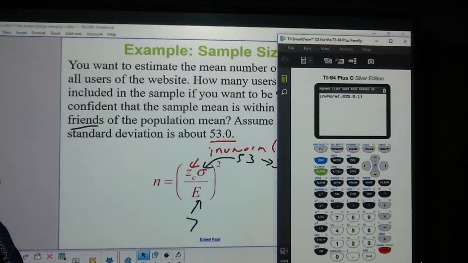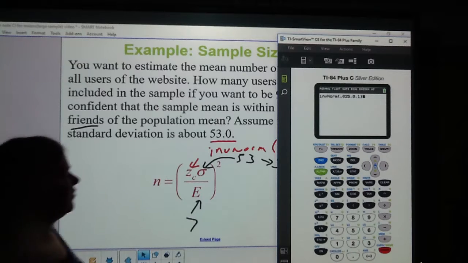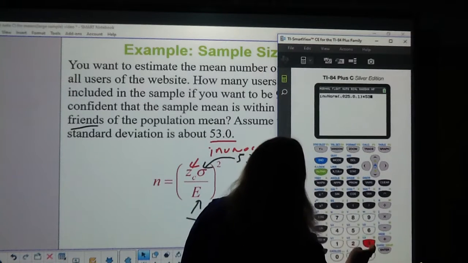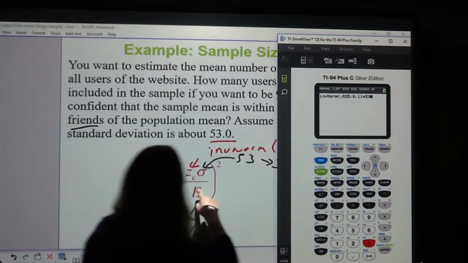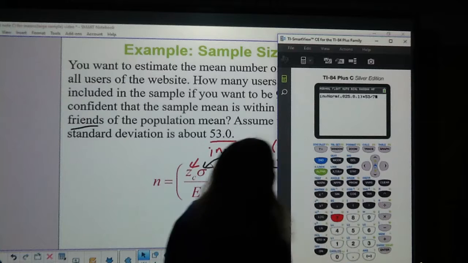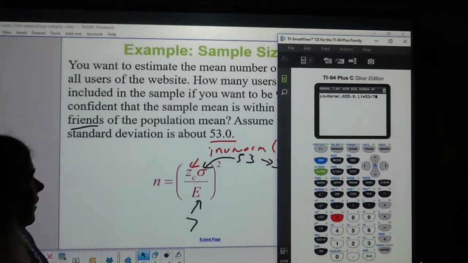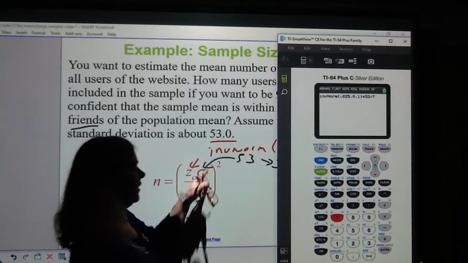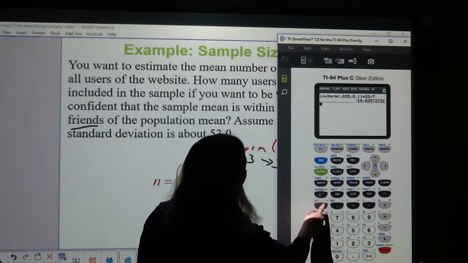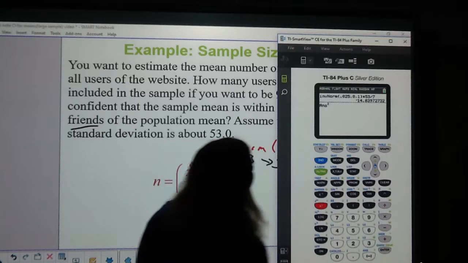And then I'm going to multiply by my 53, or you can use S of x. You just do 53 for now. And I'm going to divide by my E. Divide by E. And since I didn't put parentheses around the whole thing, because I need to square that whole thing, I'm just going to push enter. And then the squared button to square my answer.